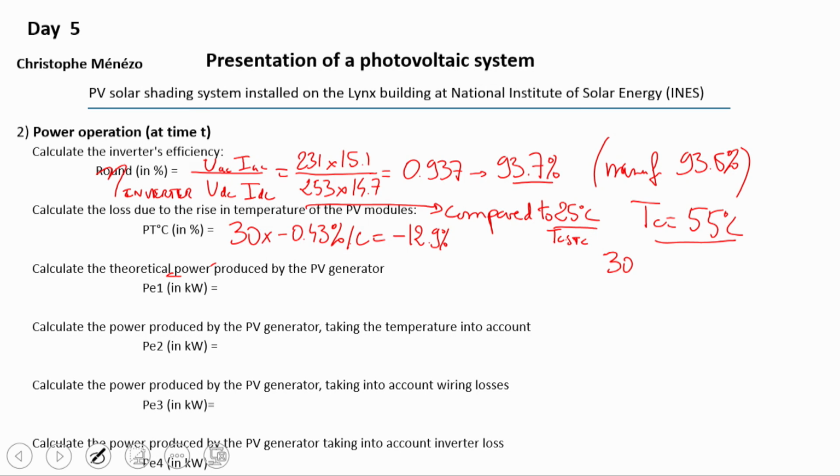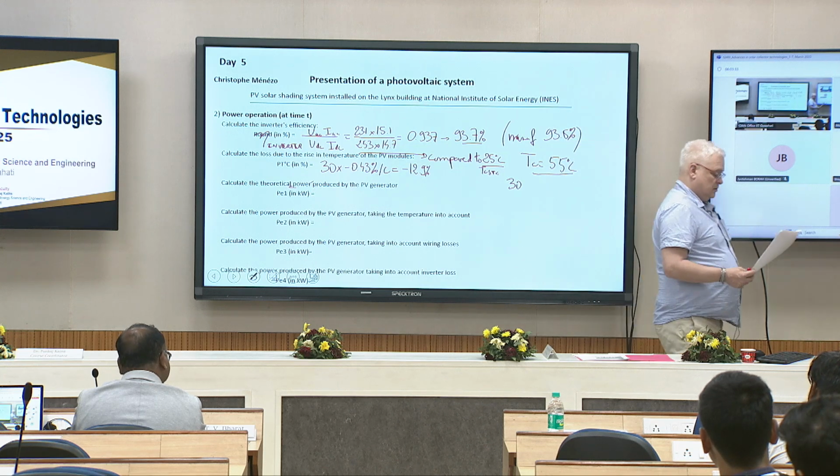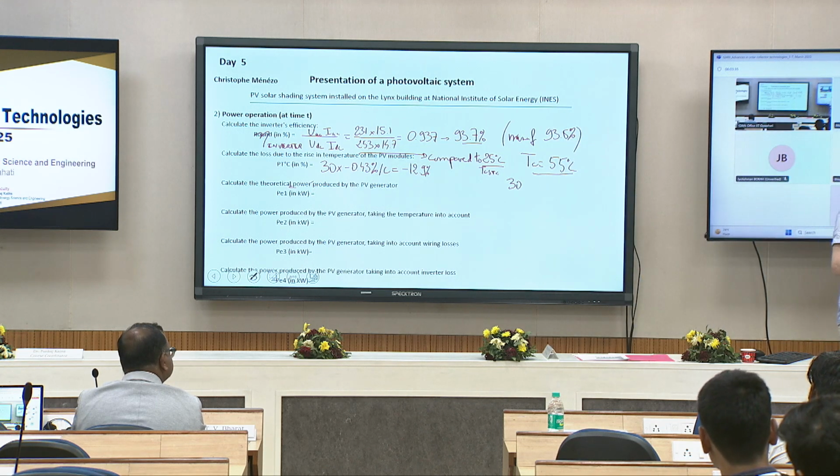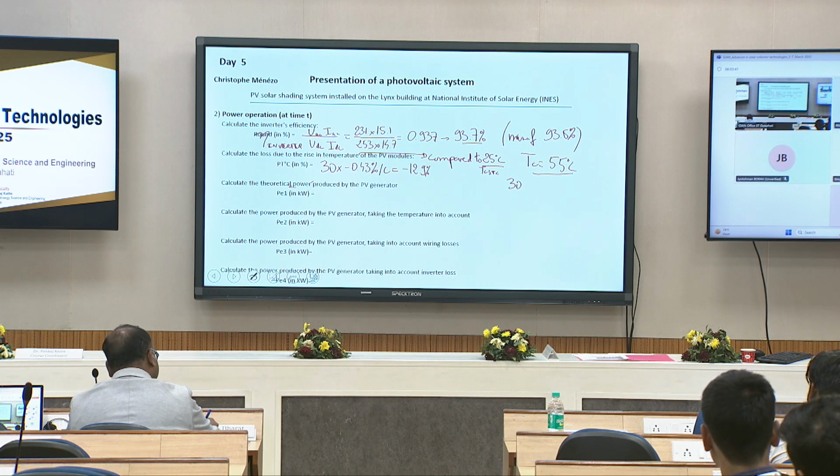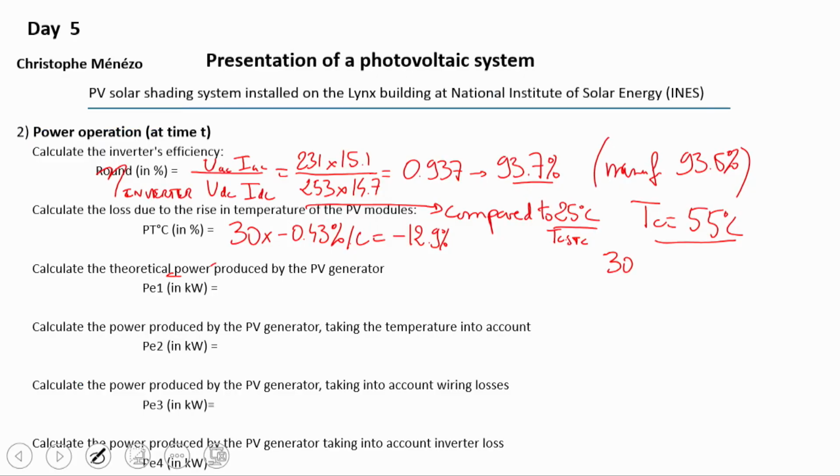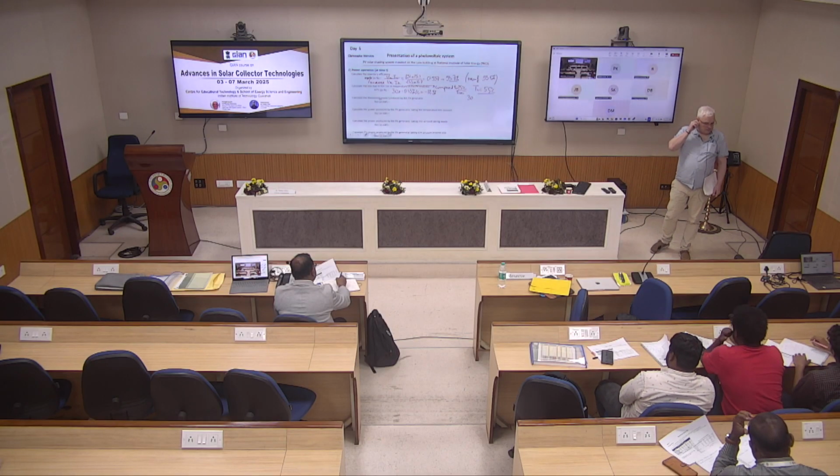What is the theoretical power that should be produced by my central, after considering this? Now I just compute some indicators, some metrics that are interesting for my operating condition.